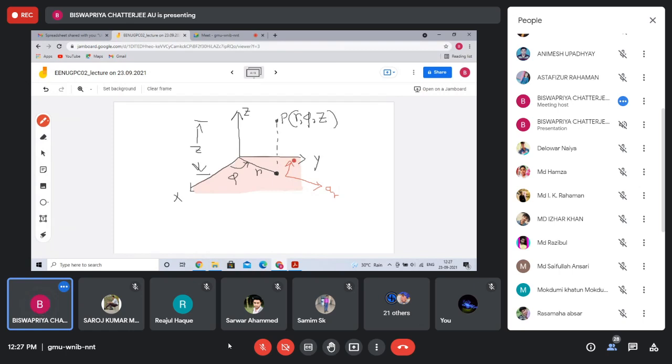This is a r cap and this will be a phi cap. And similarly this a z will be directed along this direction, a z cap.